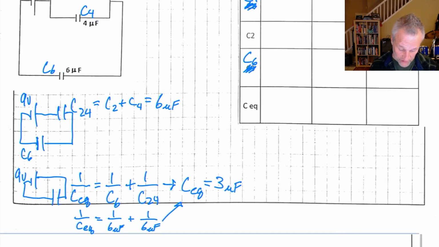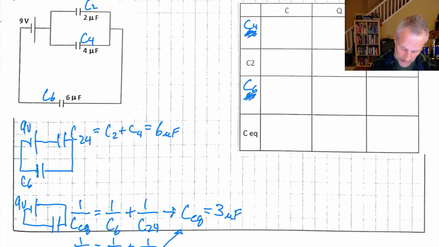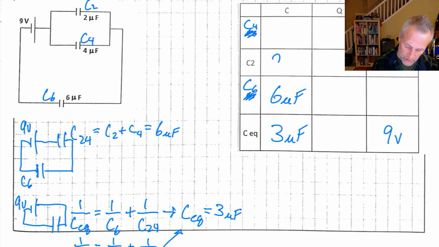So I can fill out parts of my chart right now, right? I know my equivalent capacitance here was 3 microfarads. It's going to have the full 9 volts on it because, again, it is the only one connected straight back to the battery. So it's going to have 9 volts on it. I know that C6 was 6 microfarads. C2 is 2 microfarads. And C4 was 4 microfarads.